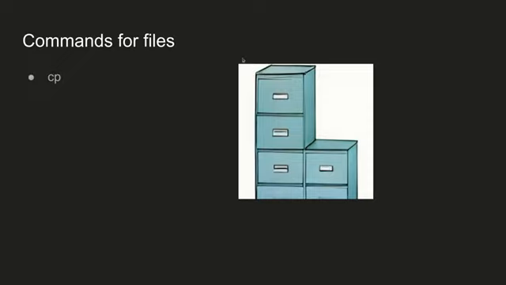So we saw CP or copy, Nano, which is a text editor, RM, which deletes files, makedir, which makes directories, rmdir, which removes directories, move, which can rename a file, and touch, which can create empty files.